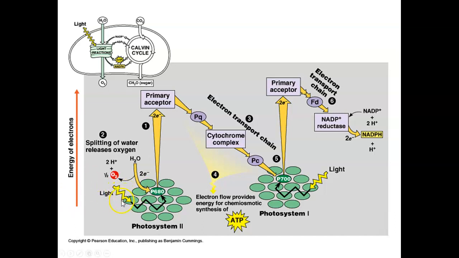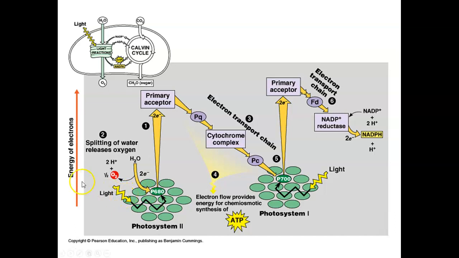Eventually, a photon of light is going to excite one of those pigment molecules, and via resonance transfer of energy, that vibrational energy, one chlorophyll or one pigment molecule is going to activate another until ultimately that energy is going to result in the vibrational energy and activation of P680.